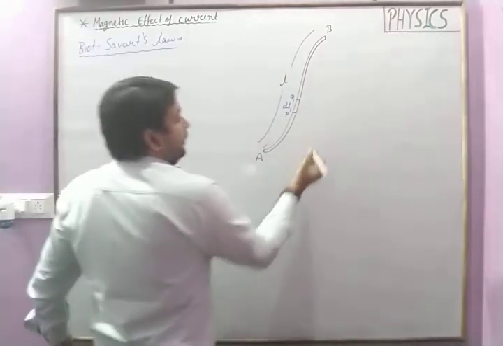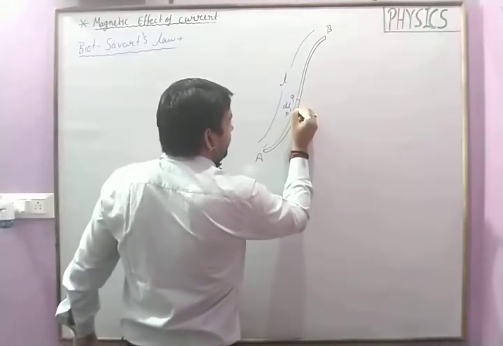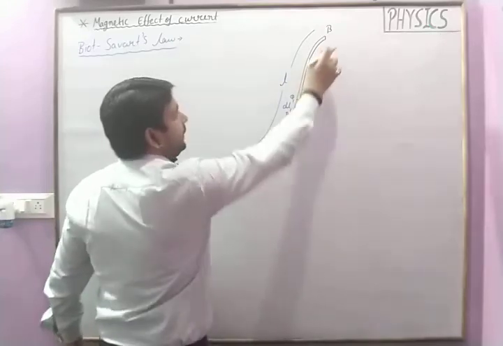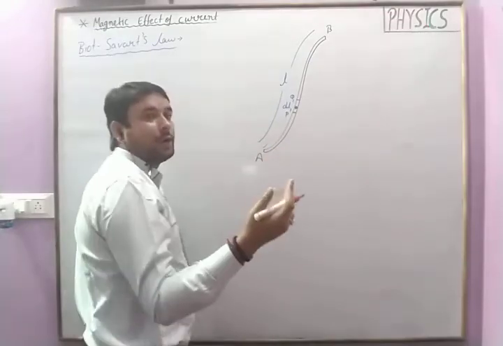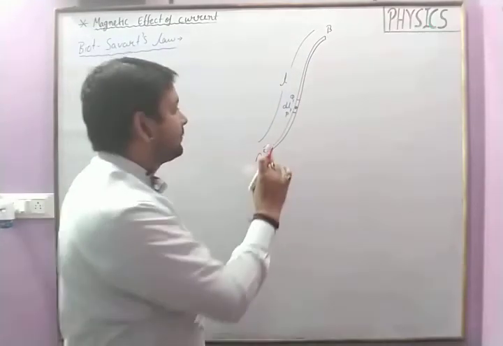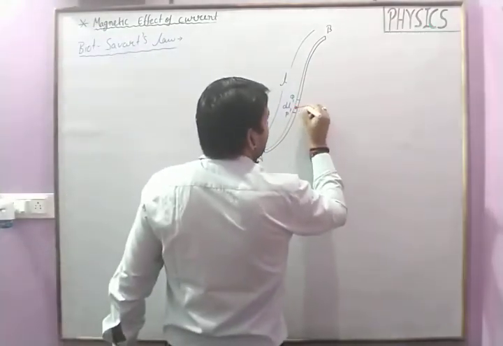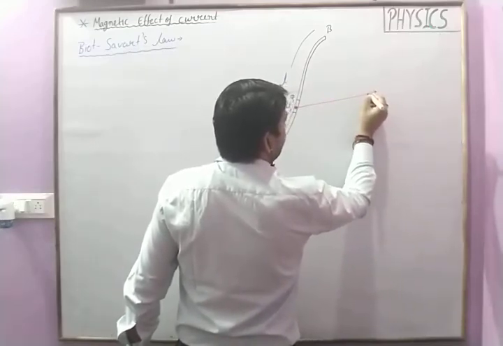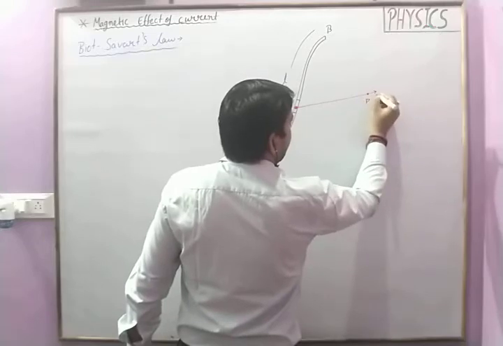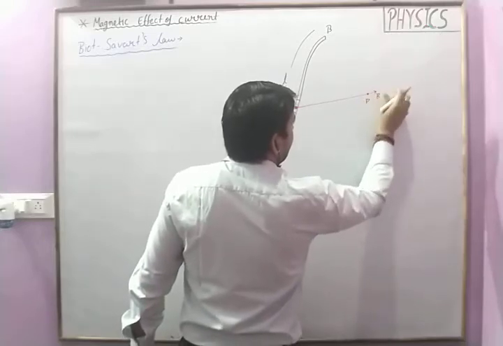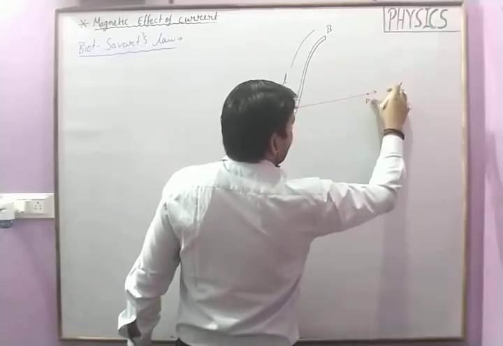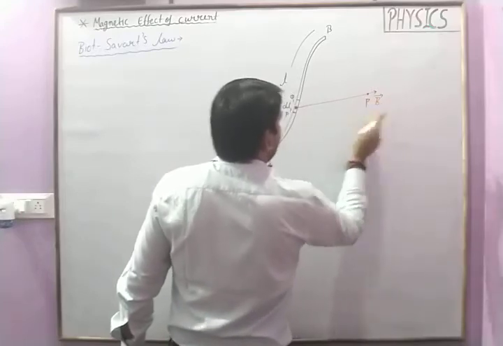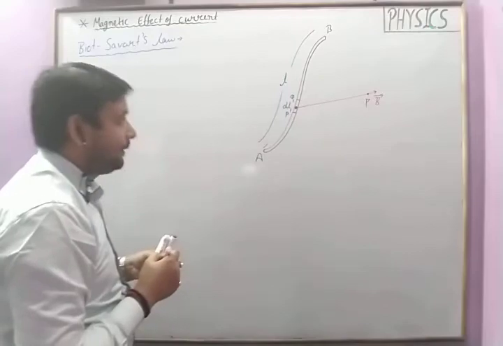Okay, so if we need to calculate the magnetic field due to this wire at a point P, which is r meter distance from the wire, suppose this is the point P where we need to calculate the magnetic field due to this current element.